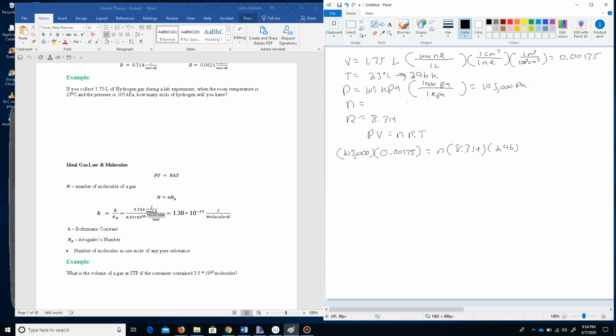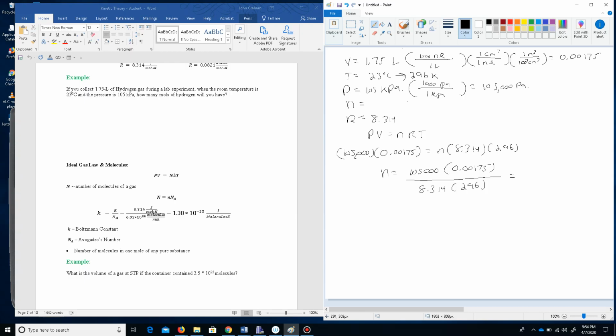The reason we have to convert this temperature is because we're going to be dividing over, and whenever you're dividing by a temperature, it cannot be possible that 0 could be in it. So we get n equals 105,000 times 0.00175, over 8.314 times 296. Now the rule of thumb is if you just see a T in the formula, not a delta T, use Kelvin.